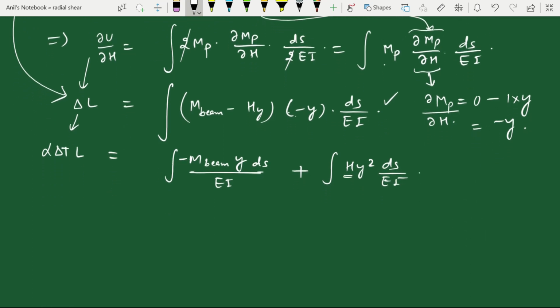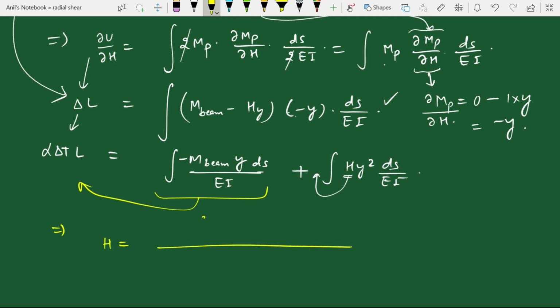H is a constant, so it can be taken outside the integration. Carry this term to the left hand side, and H can be obtained as integration MB into Y ds upon EI plus alpha delta T L divided by integration Y square ds upon EI.